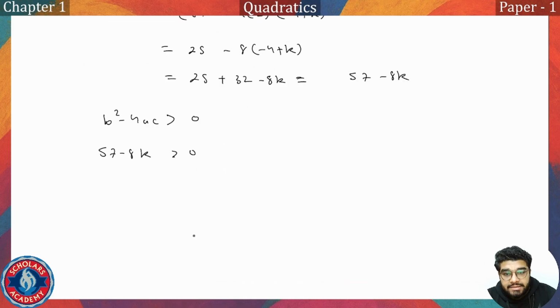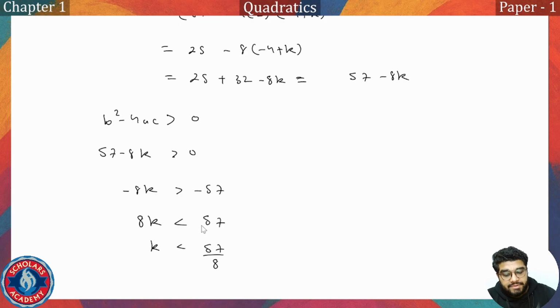So what I get is negative 8k is greater than negative 57. Right? So we cancel these negatives, so the sign of this inequality changes. So what we get is 8k is less than 57. k is less than 57 by 8.